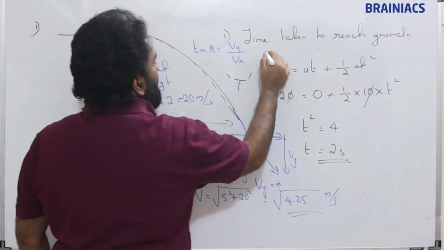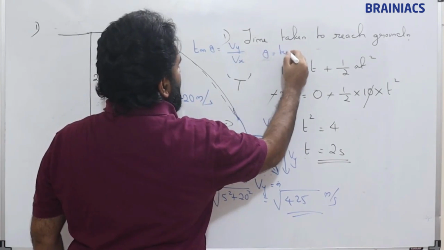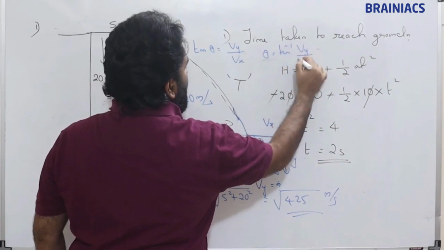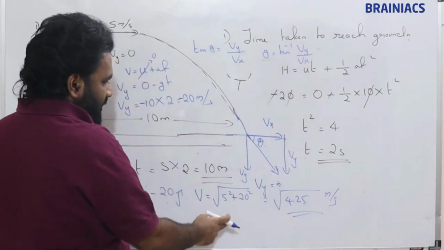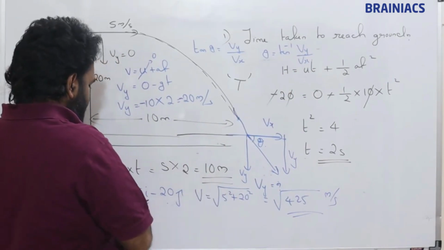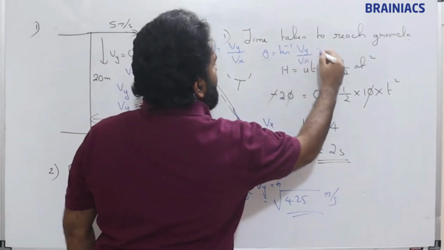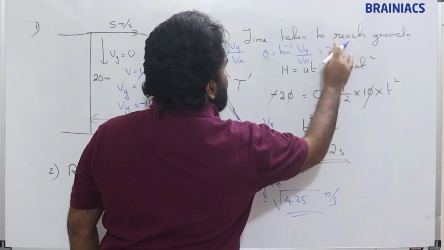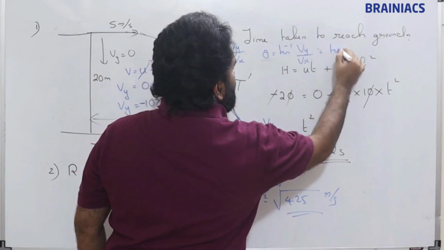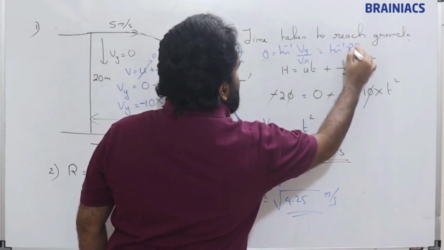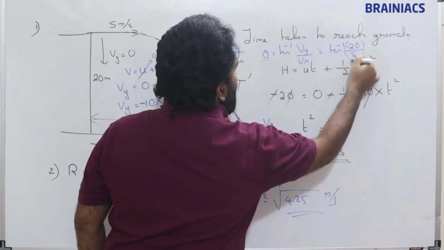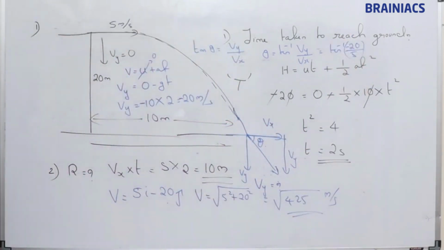So theta is equal to tan inverse of Vy by Vx. What is Vy? Vy is minus 20, divided by 5. So likewise we can find the angle also. Is it clear?